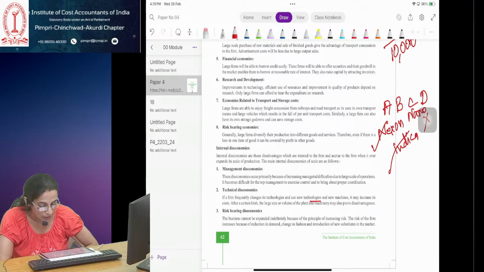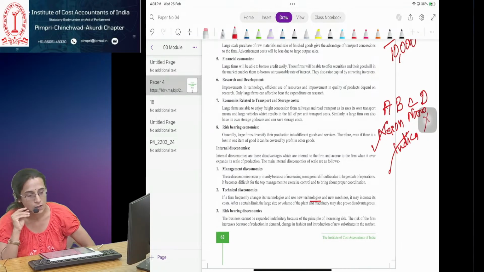Risk bearing economies: generally, large firms diversify their production into different goods and services. Therefore, even if there is a loss in one unit, one item of good, it can be covered by profit in other goods. Like a company like Tata Motors, even if it launched Nano but did not get that much response, it was able to bear the loss because it had other cars like Nexon, Indica, big and quality cars.